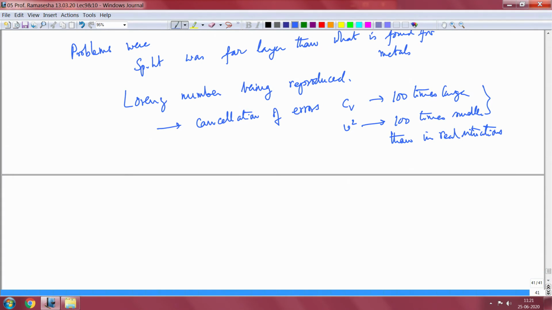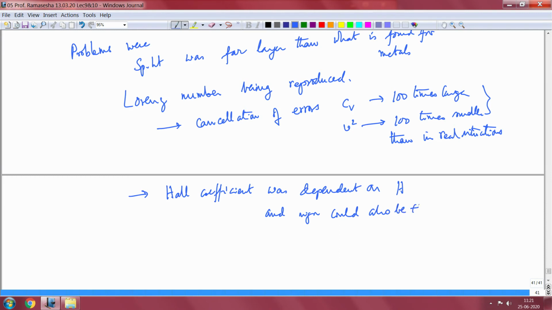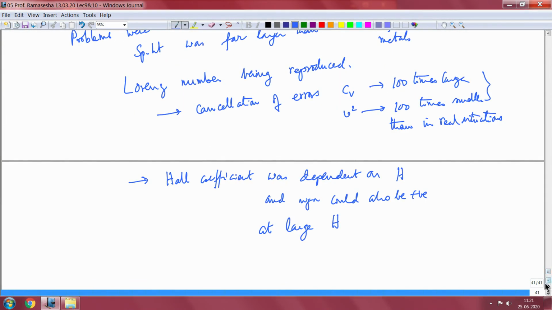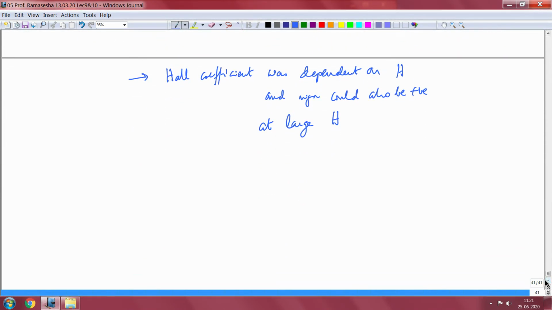And of course, another problem was the Hall coefficient was dependent on magnetic field, and the sign could also be positive at large H. So many of these problems were troubling, and of course Drude's theory was basically a classical theory.